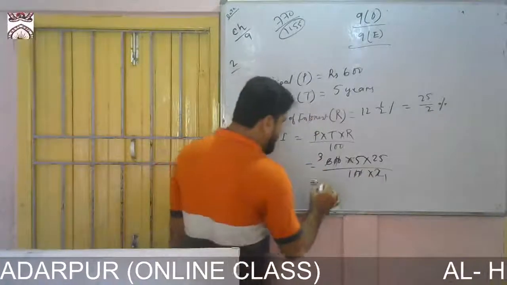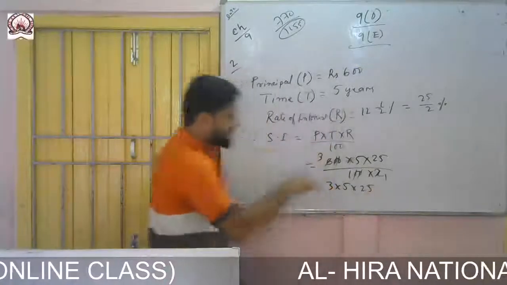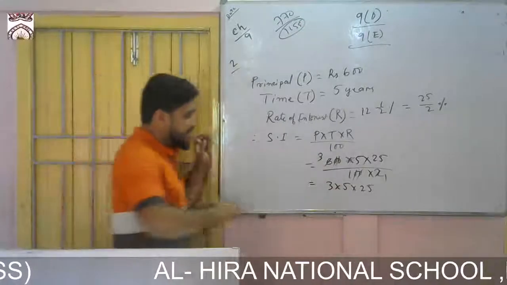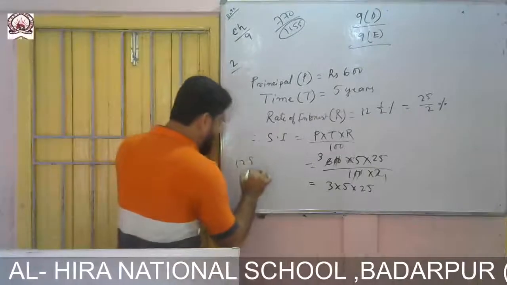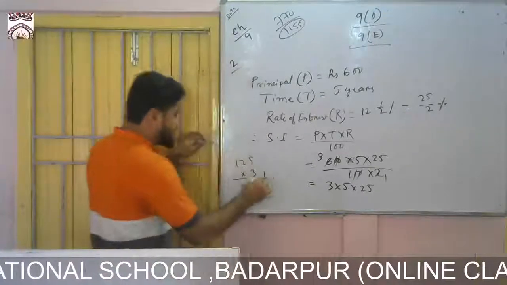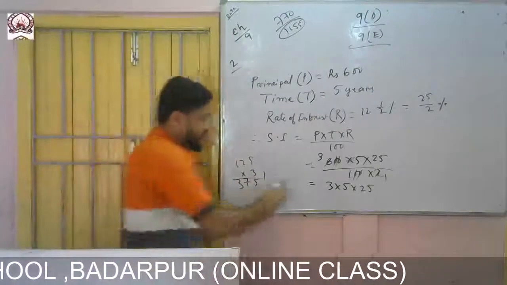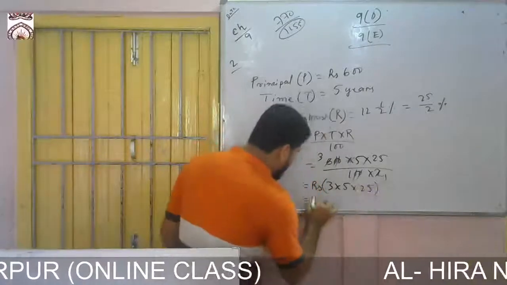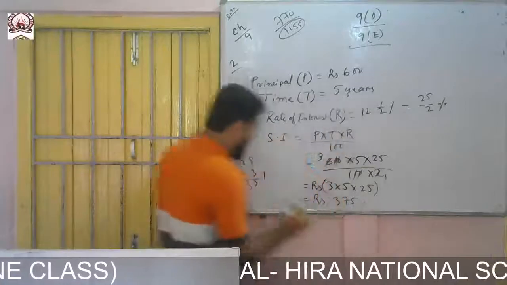Now remaining 3 into 5 into 25. 25 times 5 is 125, 125 into 3: 3 5s are 15 and 1, 3 2s are 6 and 1 is 7, 3 1s are 3, 375. So you write rupees 375.